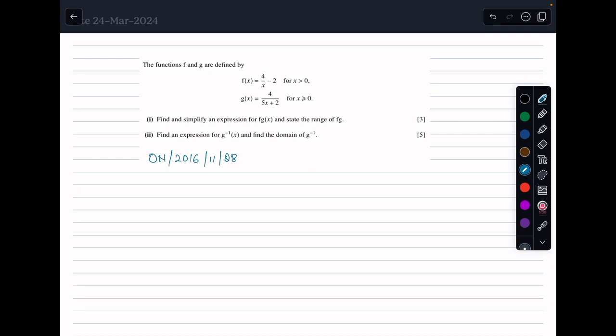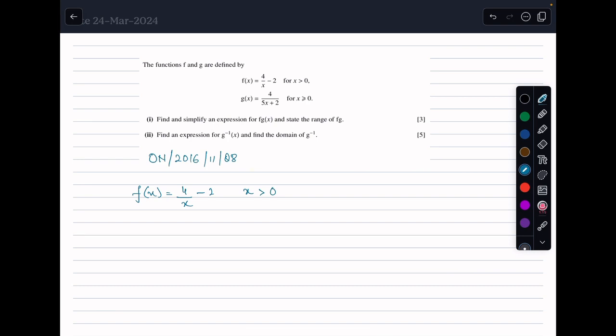For the explanation purpose, I have f of x equals 4 by x minus 2, and this is for all values of x greater than 0.